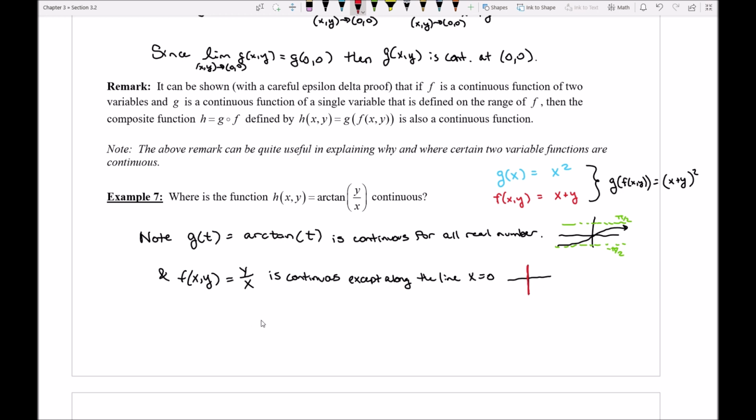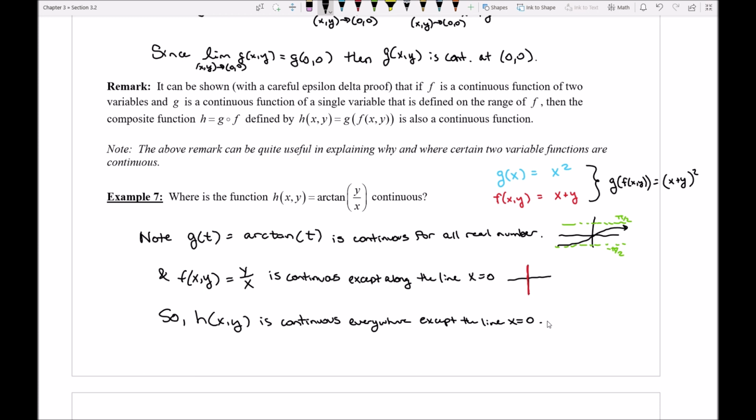All right, so once I have these kind of two ideas down, I know the domain of the first one, and I know the kind of now the domain of the next one, and where those things are going to be continuous, then I can definitely say that my function h of x comma y is going to be continuous, well, kind of everywhere where both of those things are continuous, which apparently would be everywhere except the line x equals 0.